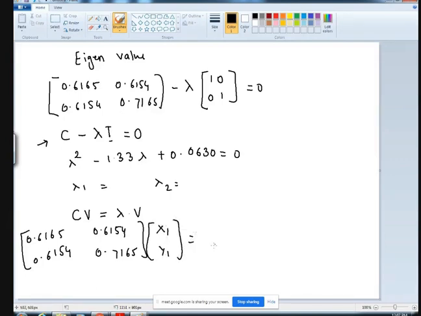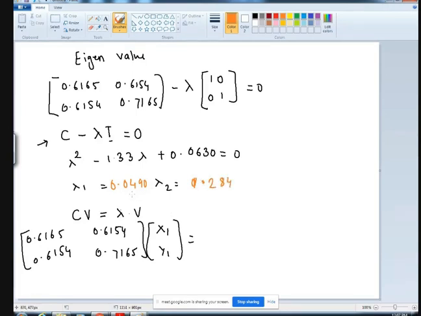We just need to find out this particular x1 and y1 value. Then this lambda, that is the eigenvalue that we have obtained from the above solution. So let us say that the solution that we have obtained over here was 0.0490 and 1.284. This was the solution we have obtained.